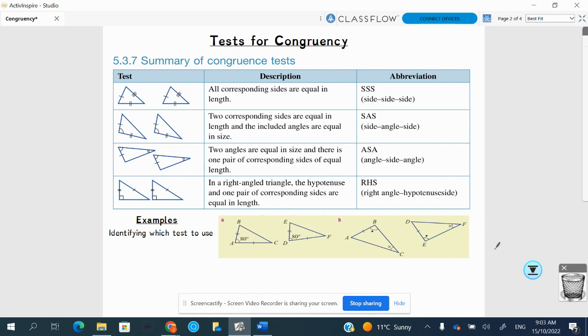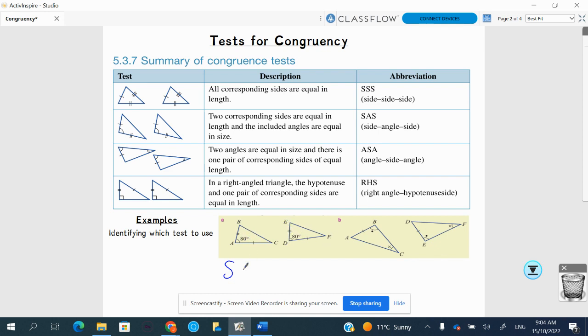So let's have a go down here at identifying which test to use. Here I can see that, indicated by the two dashes here and the two dashes here, side BA is equal to side ED, so I can use S for side. This angle here, angle BAC, is equal to EDF because they've given us these angles.